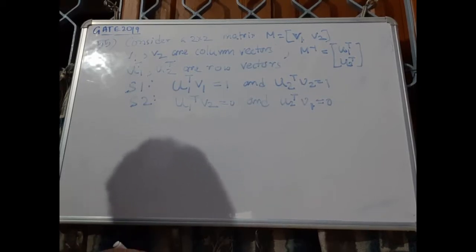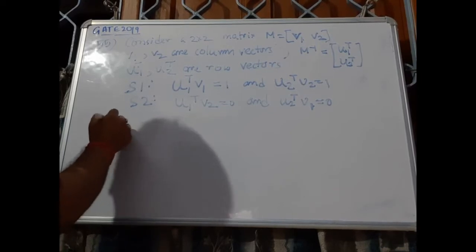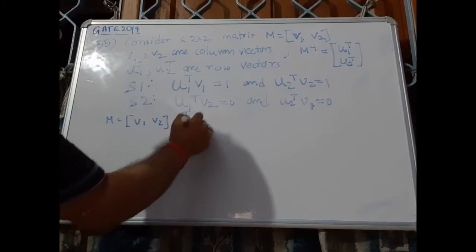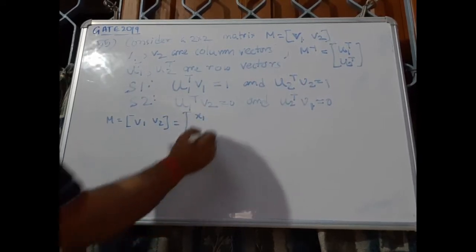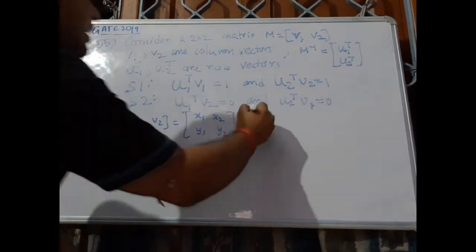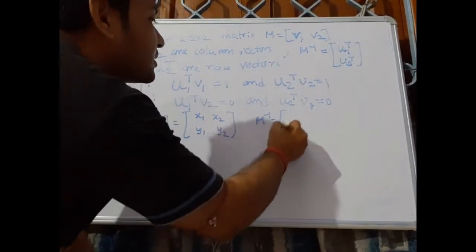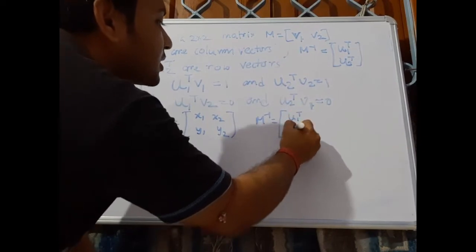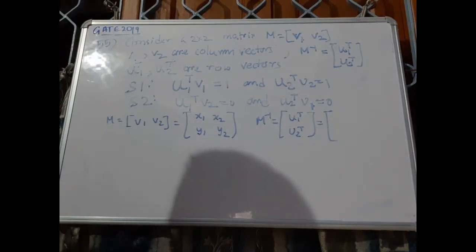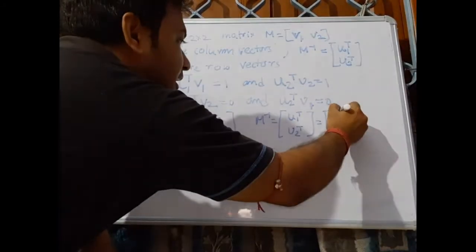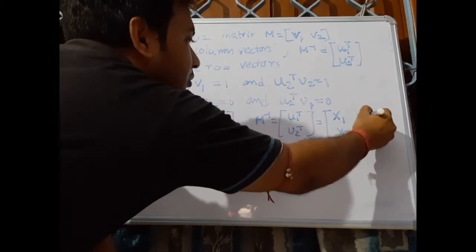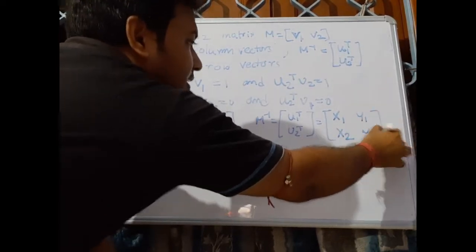Okay. Now take an example, where M equals V1 V2 and it equals, say, x1 x2 y1 y2. And M inverse is given as U1 transpose U2 transpose, and that equals, say, capital X1 capital X2 capital Y1 capital Y2, like this.